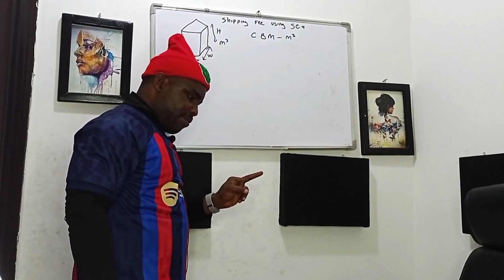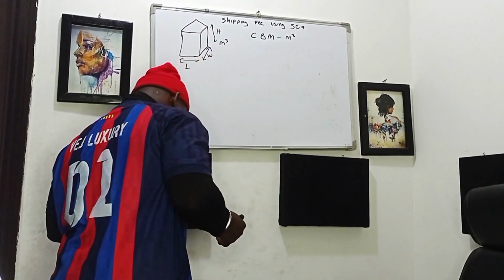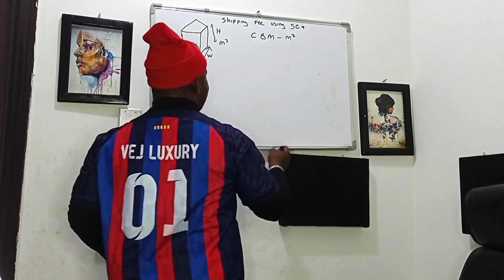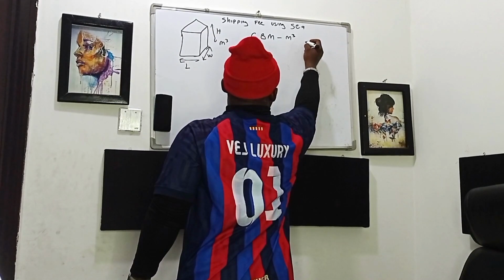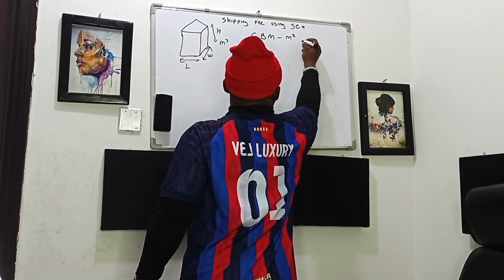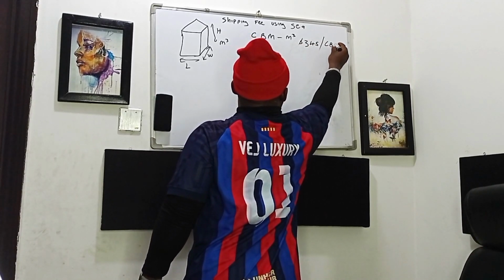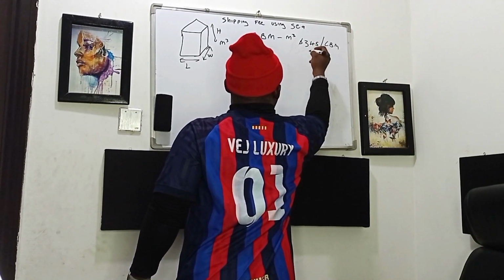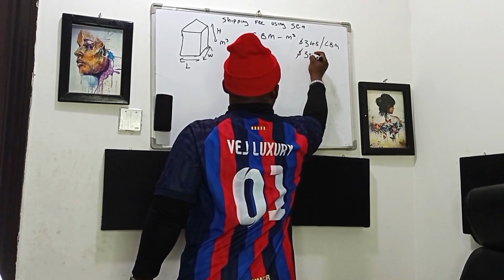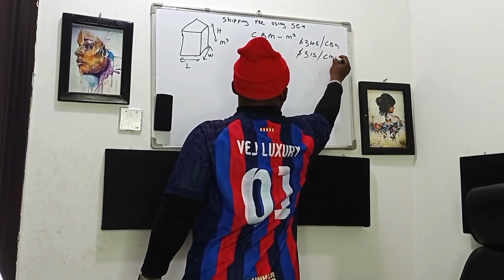Once you have the CBM, the freight forwarder you're using has their different charges. For instance, Skyjet could tell you that they are charging $345 per CBM, and then maybe Cash Logistic could tell you that they are charging $315 per CBM.